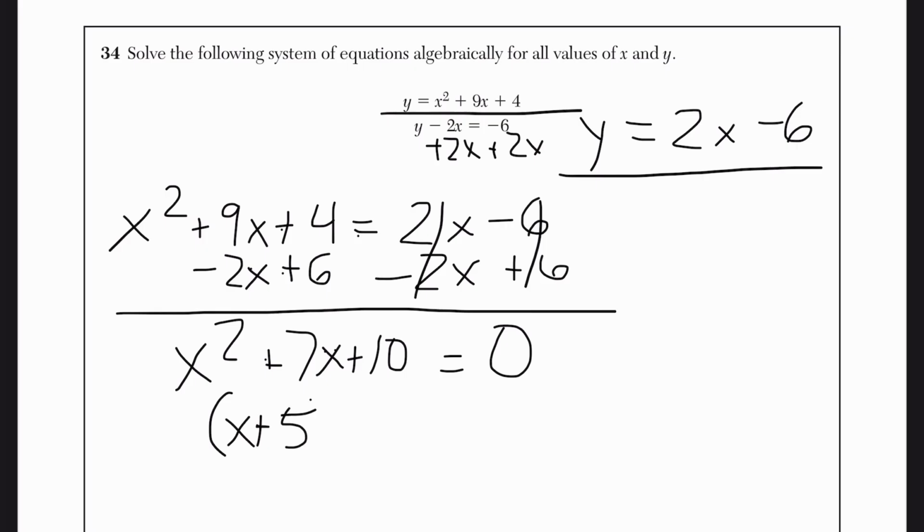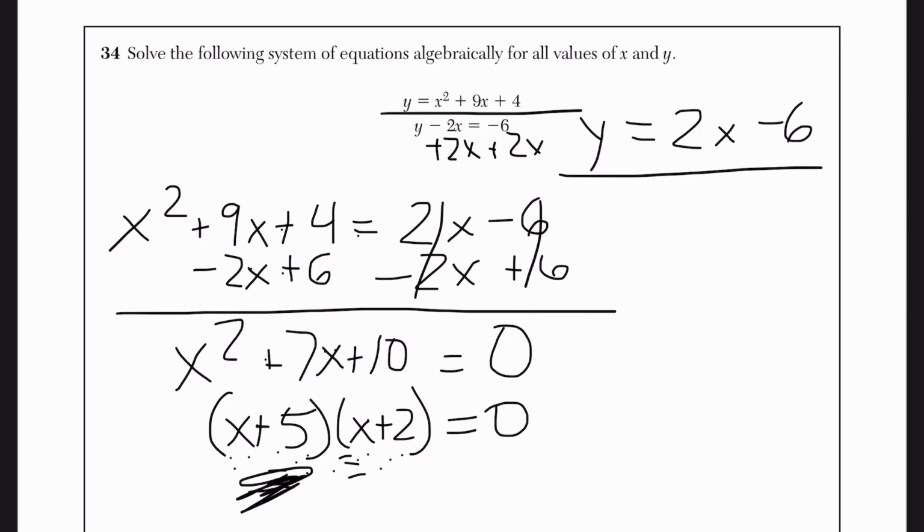It's going to be 5 and 2. And you can just double check. You can FOIL this, double distribute, and make sure it gives you the original trinomial that you had up there, x squared plus 7x plus 10.